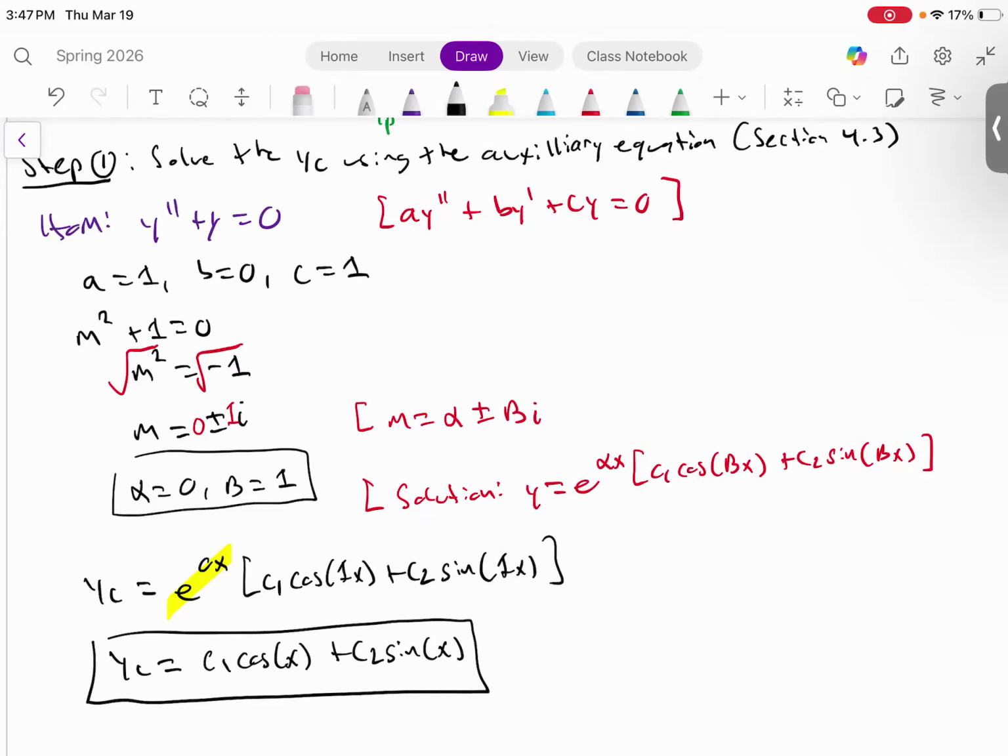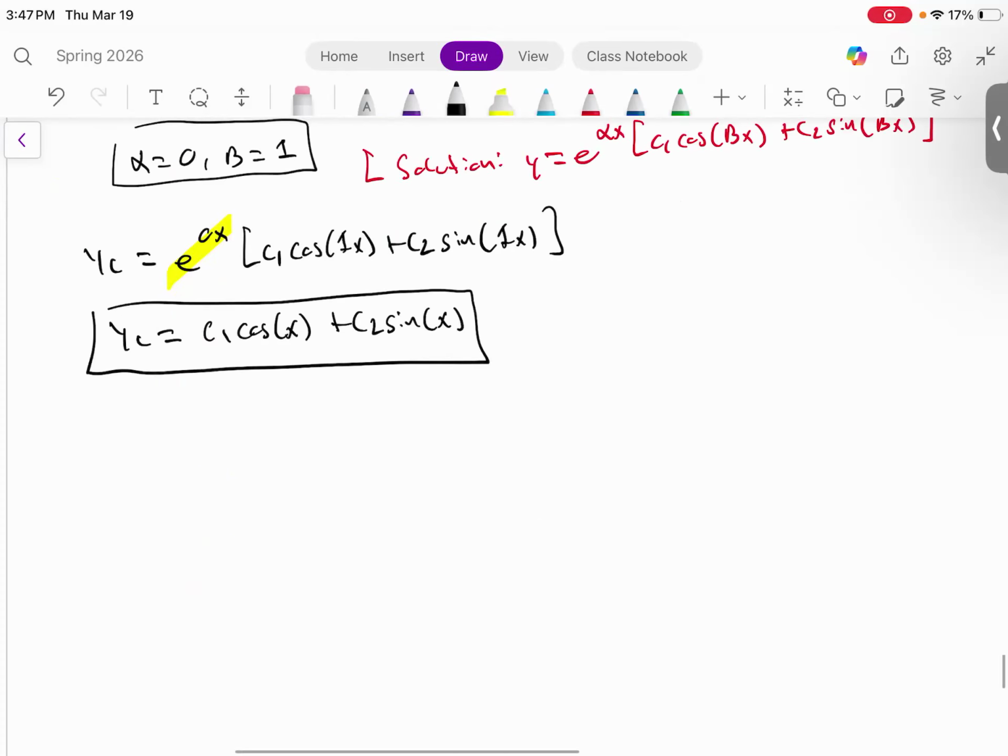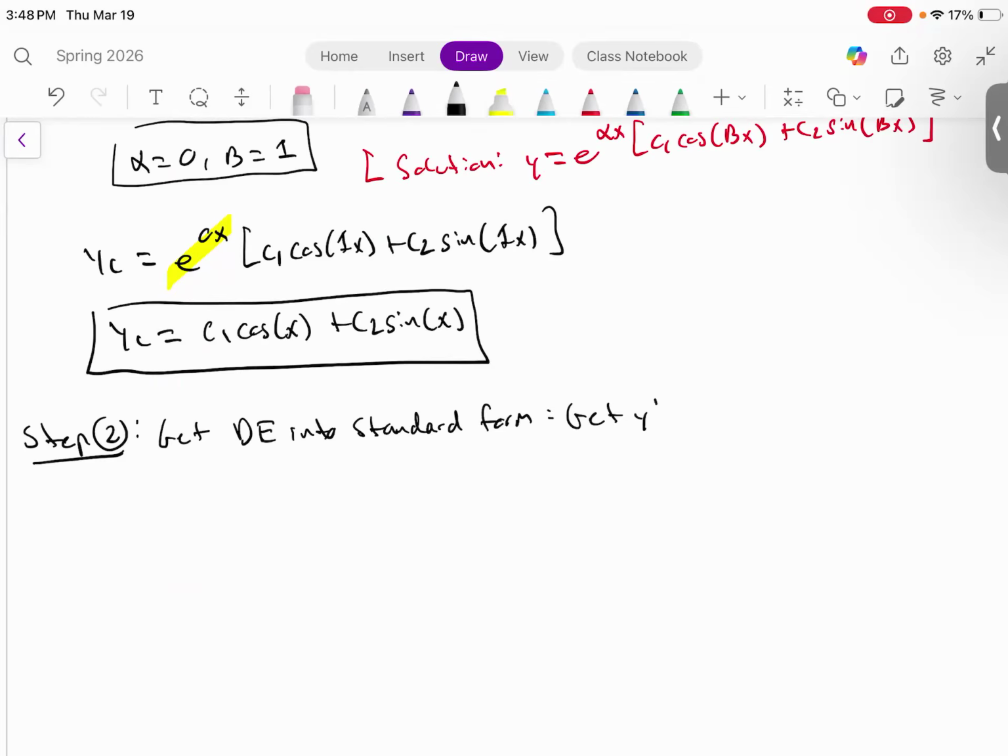So that's our complementary. We want to shift focus now to our particular, focusing on our non-homogeneous parts. So for step 2, we want to get the differential equation into standard form. That just means make sure our second derivative y double prime is naked, so to speak.